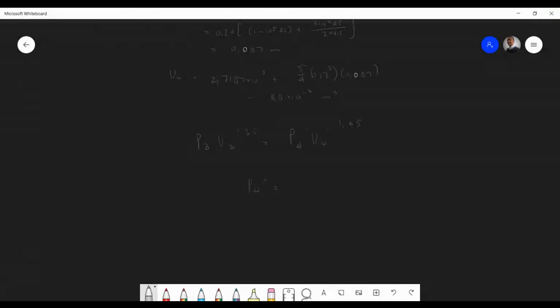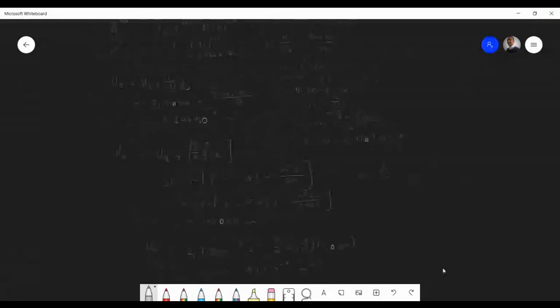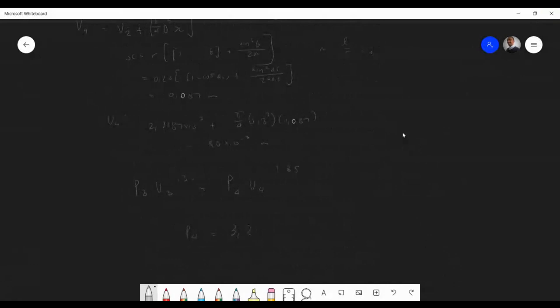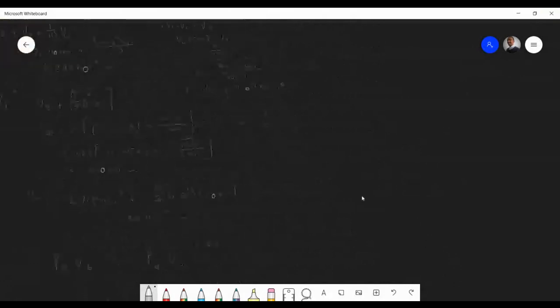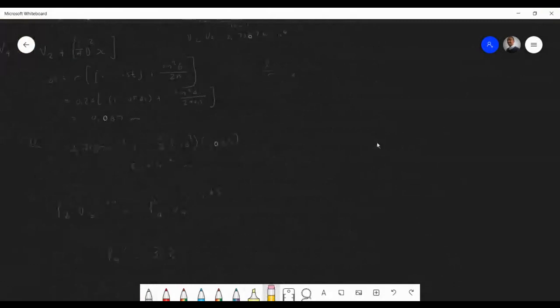We found the previous pressure, didn't we? 3.559 megapascals, if I'm right. And obviously, you have to divide by V3 over V4 to the same power, 1.3.